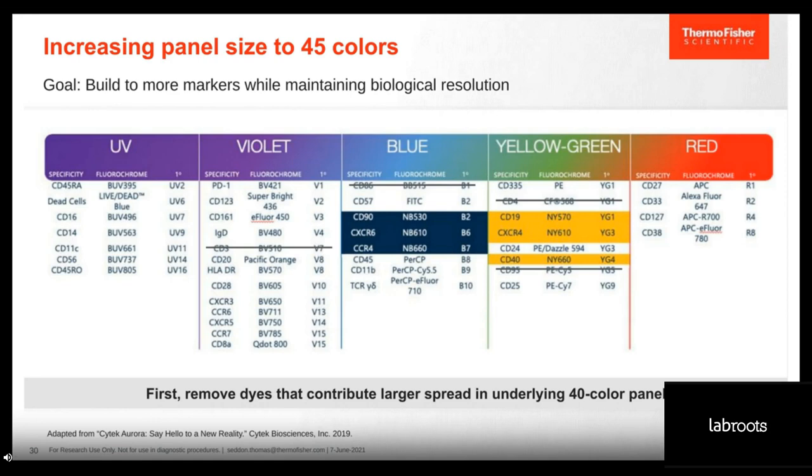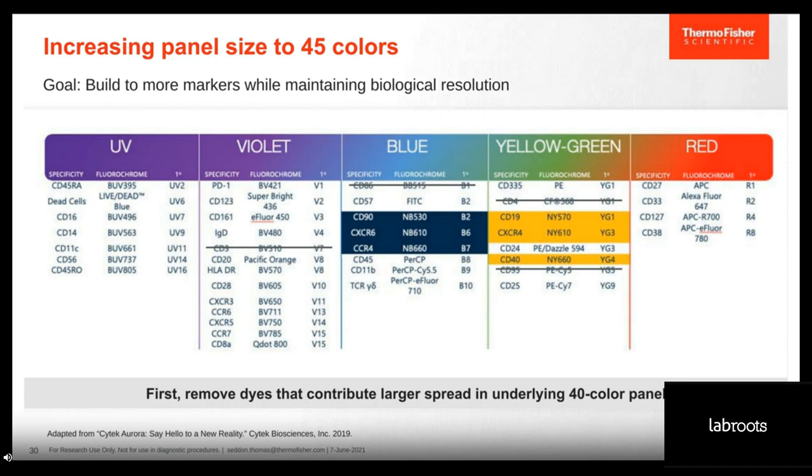And so, in previous talks, I have shown data where we built to 40 colors using the Aurora backbone panel. And so they had built to 35 colors, and in that case, this is before they published their 40 color work. And so one of the things early on that I wanted to test was, what is happening when you look at that 40 color panel, where are the issues?